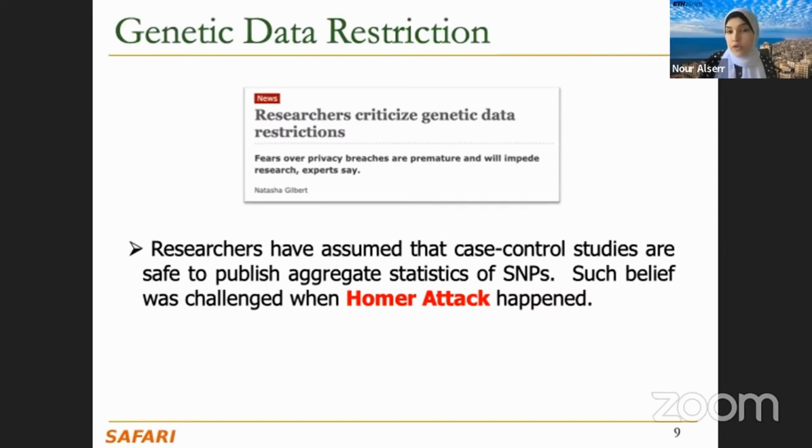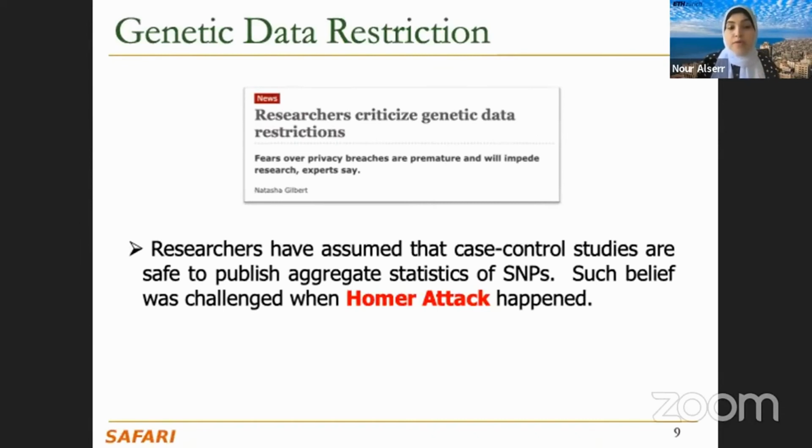Because if I could know that, for example, let's say we have a highly sensitive genomic data set about hepatitis, and I know that that person or that victim is in the case group, then it's done. I could leak his sensitive information. I could know that he has that disease.